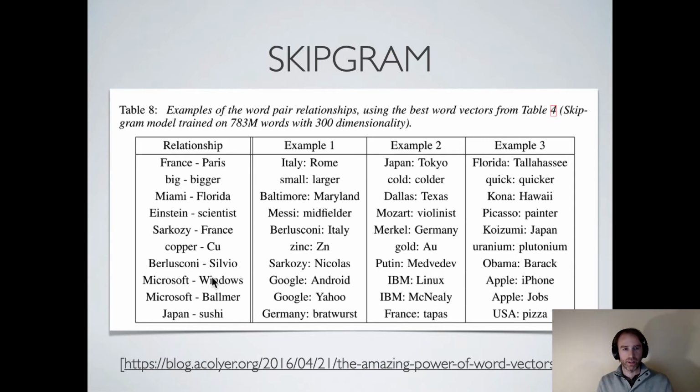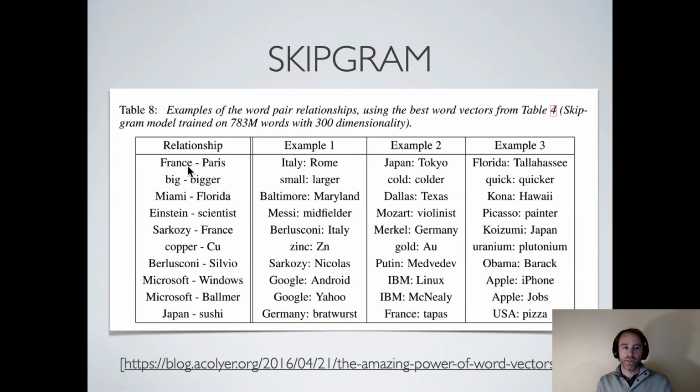In this article, they tested that. They take, for instance, the word for a country, subtract the vector corresponding to its capital, and add this difference to the word corresponding to another country.